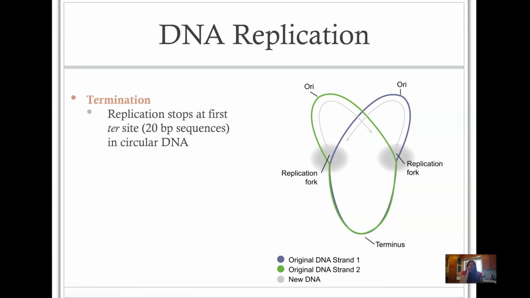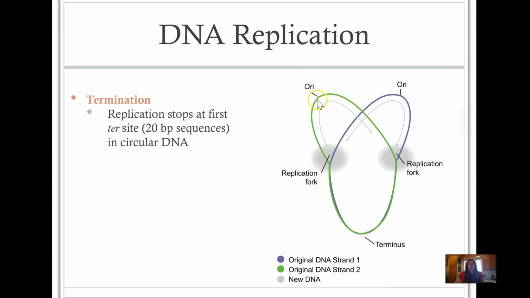So finally, again, we have initiation at the origin of replication, where DNA replication is initiated, and we have elongation occurring at the replication forks, and finally replication is going to stop at a very specific site called the termination site, or the TER site, and it's usually on the opposite side of the chromosome than the site of origin.